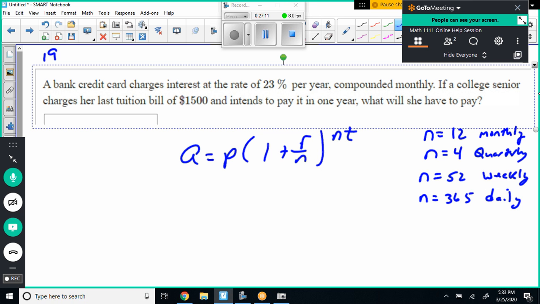Okay, so what we want to do is this. Find how much will she have to pay if her bill was $1,500 at 23% interest compounded monthly, right? And she intends to pay it in 1 year, correct?